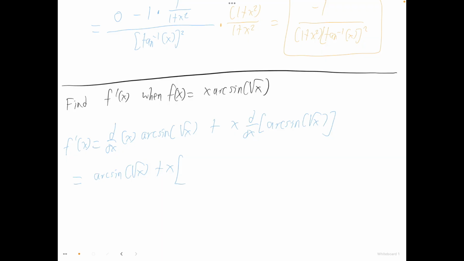Well, the derivative of arc sine is 1 over the square root of 1 minus x squared, but our x is square root of x by the chain rule, so we get 1 over the square root of 1 minus the square root of x squared, and then times this by the derivative of our inner function, which is the square root function.